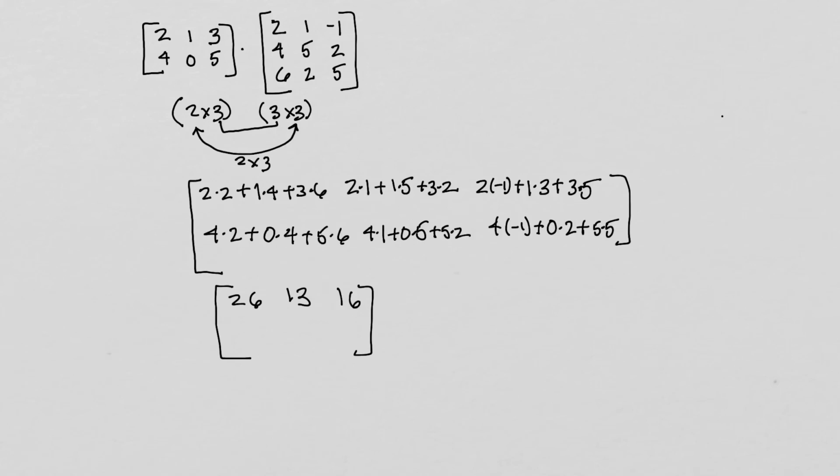Let's go down to our second row. We're going to get 8 plus 0 is 8, plus 30 is 38. Then here, we're going to get 4 plus 0 is 4, plus 10, we're looking at 14 here. And lastly, we are looking at negative 4 plus 0 is negative 4, and negative 4 plus 25 is a 21. And there's our product.